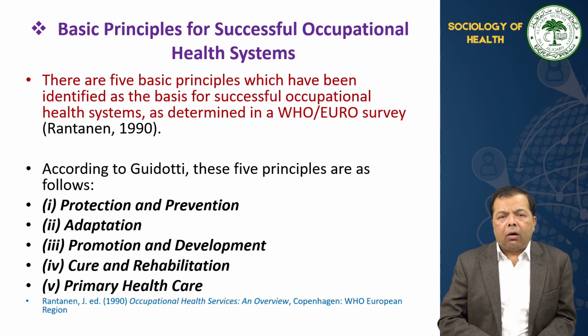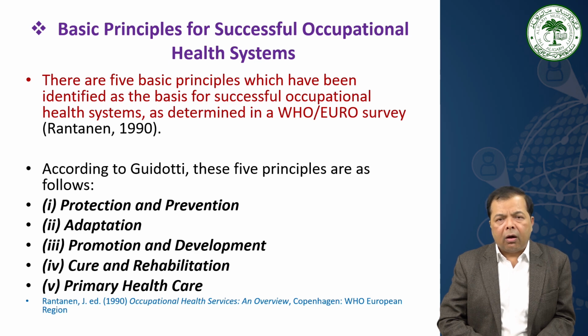So now, on the basis of whatever understanding we have developed, we can think of talking about the basic principles for successful occupational health system. There are certain principles which have been identified, and if we try to understand those principles, then we get to understanding that if certain principles are followed, then the situation could be improved.